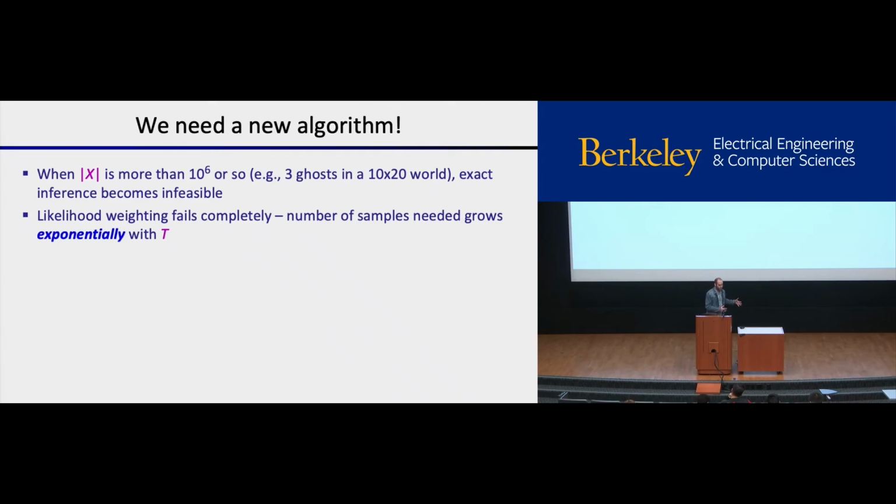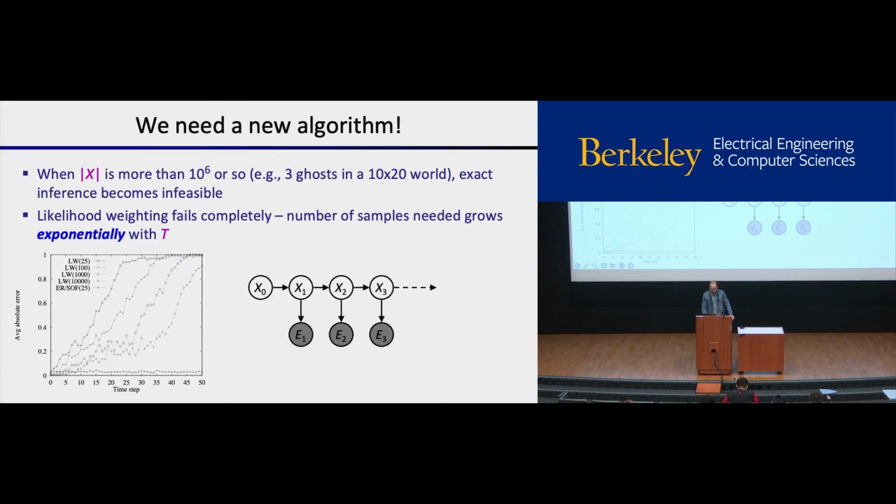And the one that does the best will probably do a lot better than the rest just because it gets lucky. So you'll have a few samples that get lucky and don't get downweighted to oblivion because they happen to predict the evidence. But you'll need to be running exponentially many of these to get samples of the hidden variables that aren't vanishingly unlikely according to the evidence. And as time goes on, it just gets worse and worse because there's so many opportunities for the likelihood to go down.